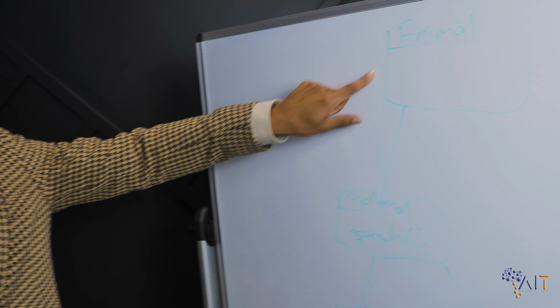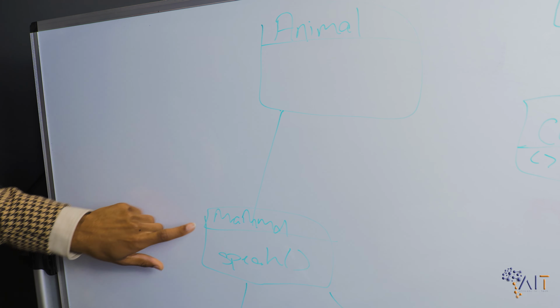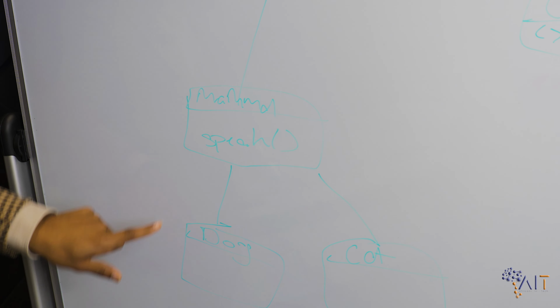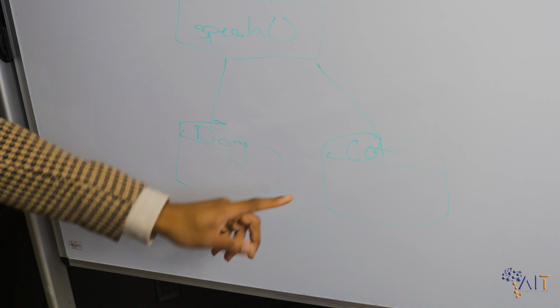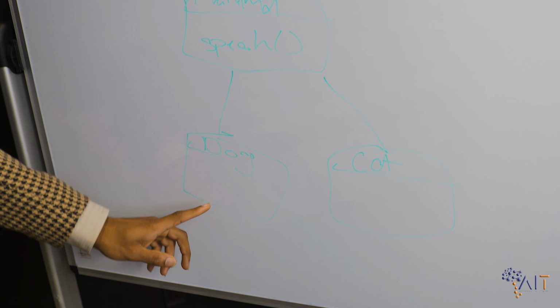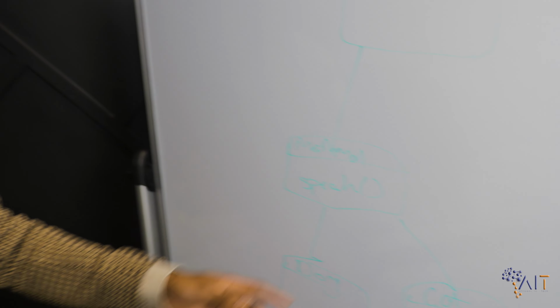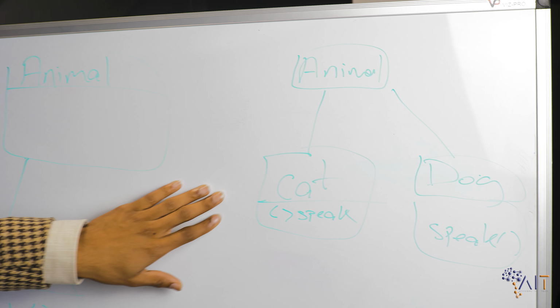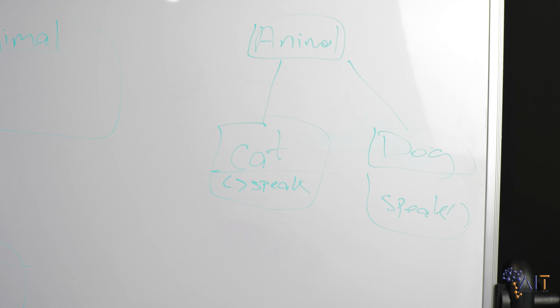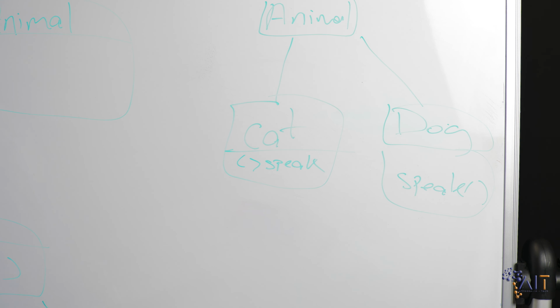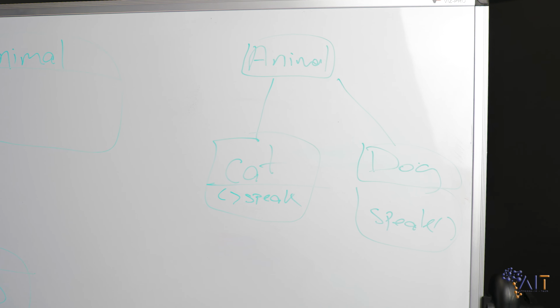This would be the highest class, the parent, and then mammal would be a child class, and dog and cat would be child classes of the mammal class. What I've done now is make it more efficient. It may have been like this, but now we're going to rely more on the parent classes and make them more efficient. This is just a simple overview of what I've been doing. Is that too short?